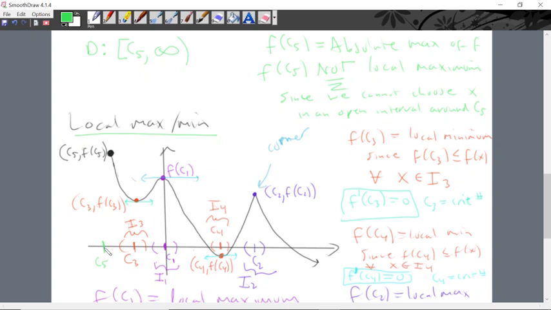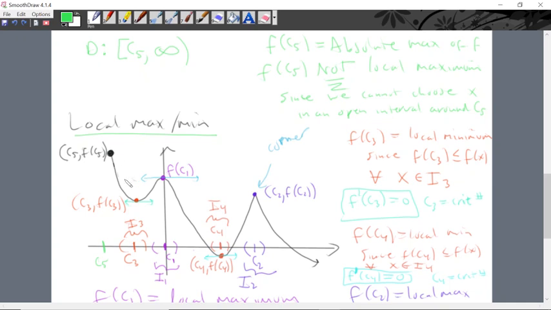We can choose values of x to the right of C5, but we cannot choose values to the left. If we try to choose a value of x to the left, the function is undefined there. So we do not count this as a local maximum, and we want to maintain that distinction here for now, so that we can consider it.